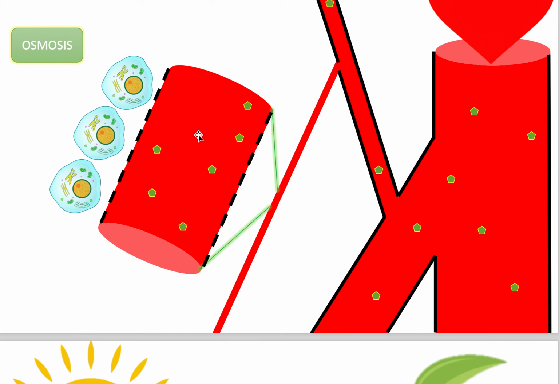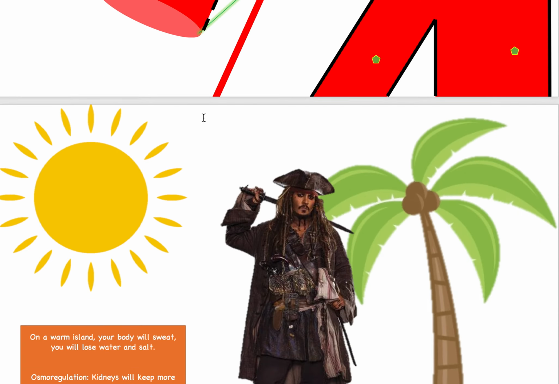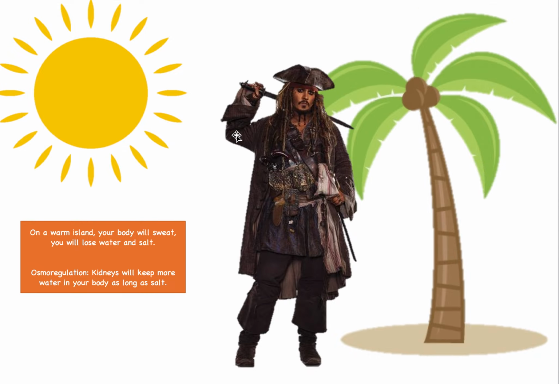We need to maintain a constant level, as I just mentioned. So how does your body ensure it maintains this constant level, because he's losing a lot of it? This means he needs to prevent that and keep some. So despite the fact that he's losing some by sweating, what's going to happen now is his body is going to do osmoregulation.